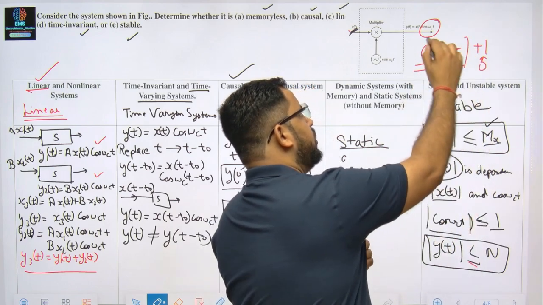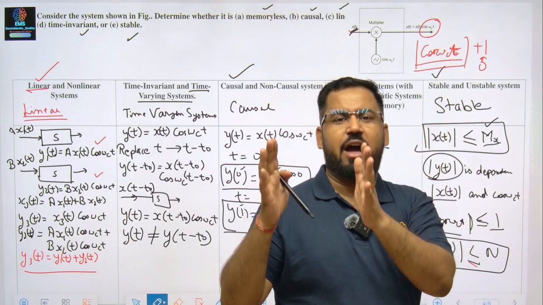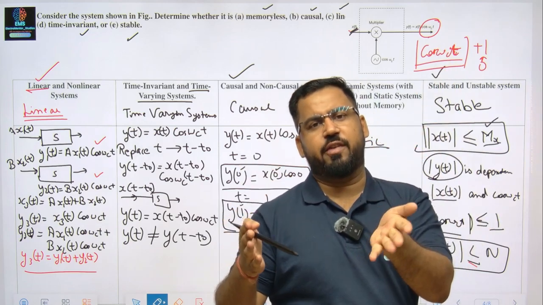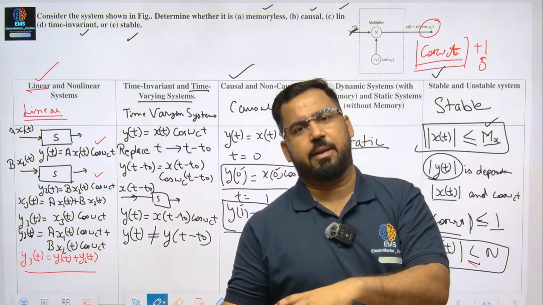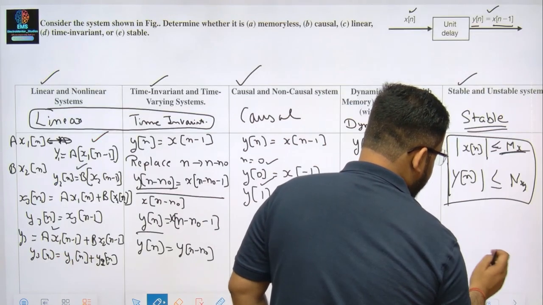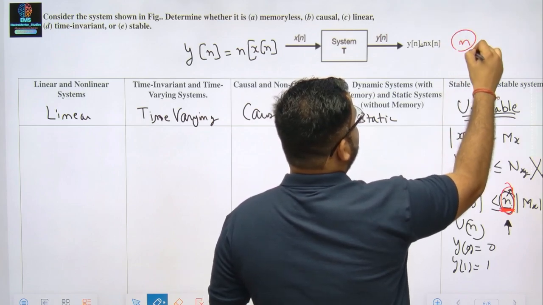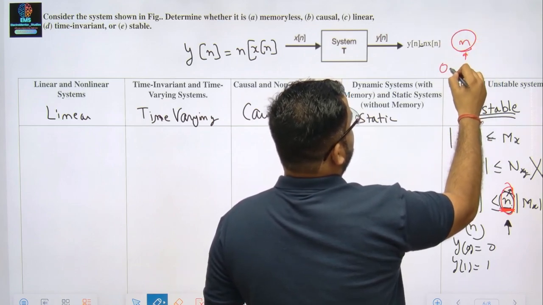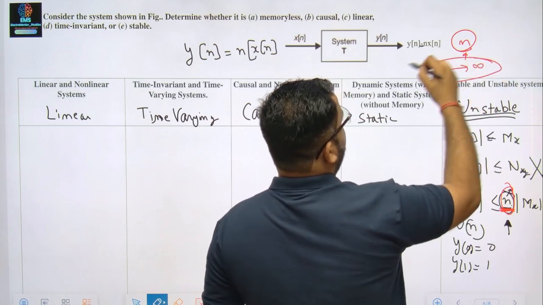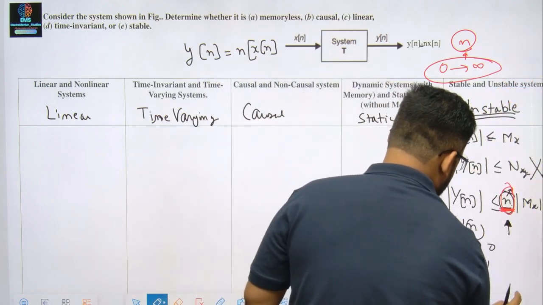So it will still have a finite number. Magnitude of x multiplied by 0 or by a maximum of 1 will have a bounded number. But in this case, when there is a multiplication factor of n, this n is not bounded. This n can be 0 to infinity, whatever value of n you can take on a time scale.